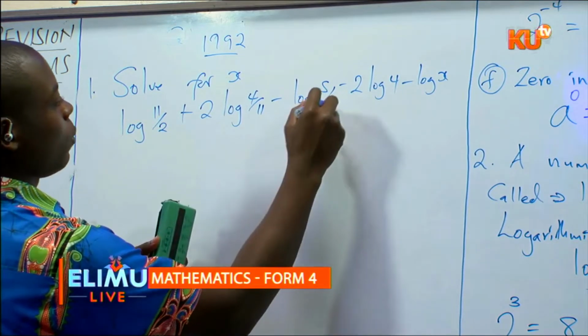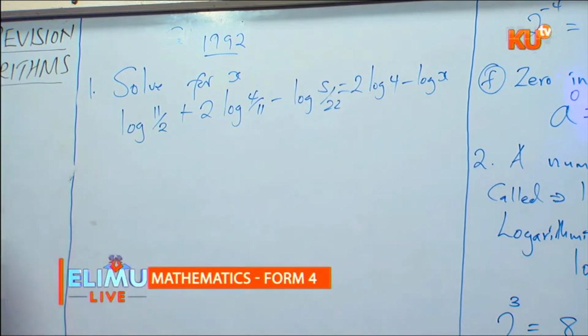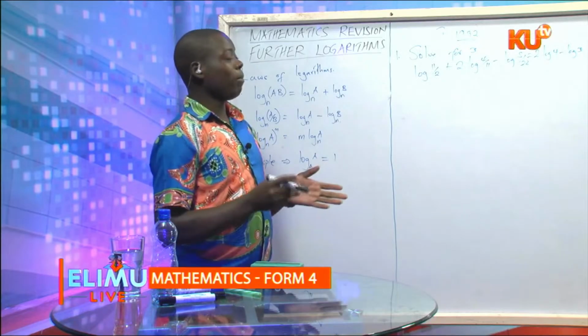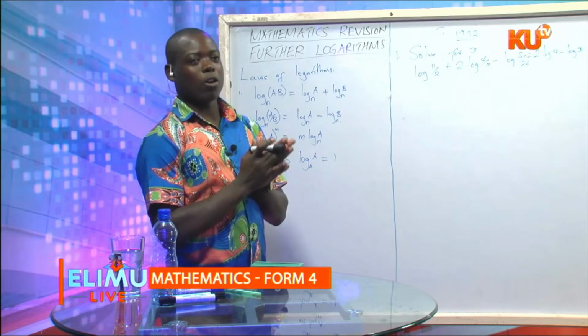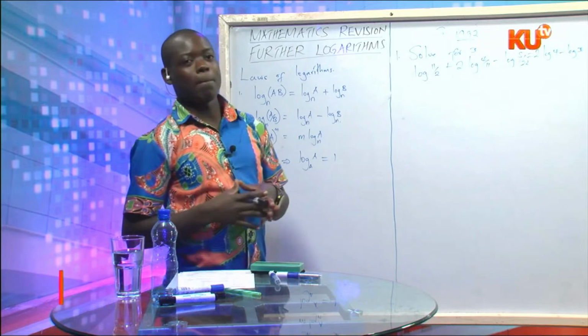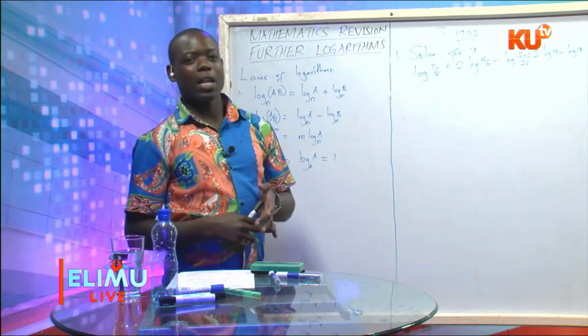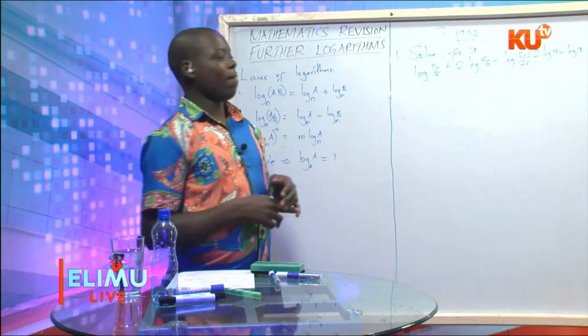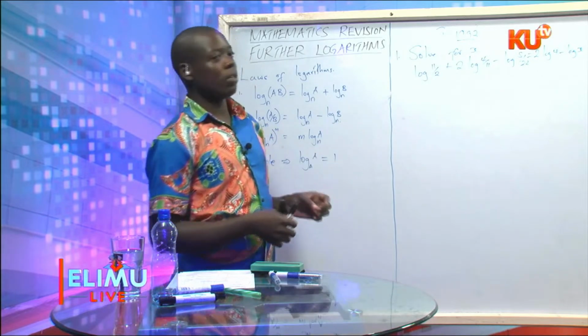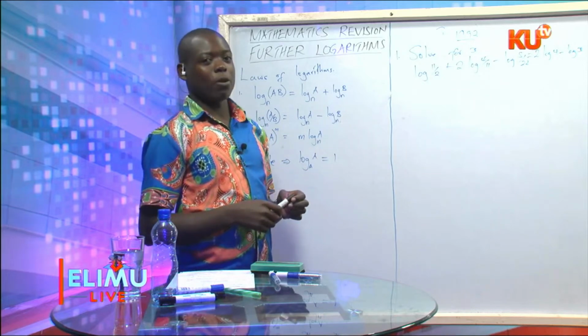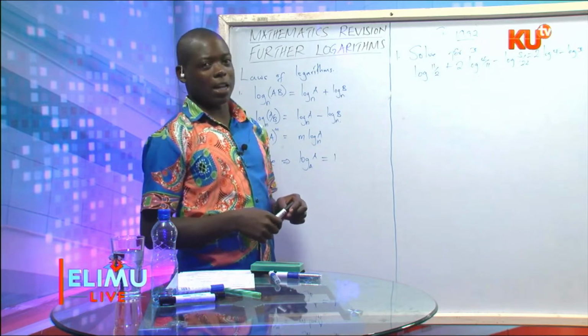So what we now need to understand is that when dealing with logarithms, it is important to recognize and acknowledge which base we are using. If the base in the logarithm is not stated, then we always presume that the base is 10, because that is the common base in logarithm.